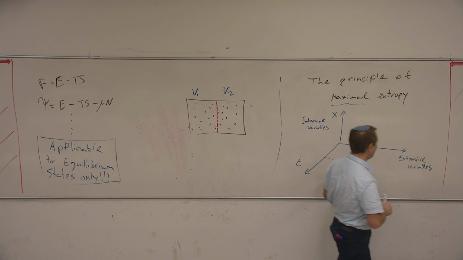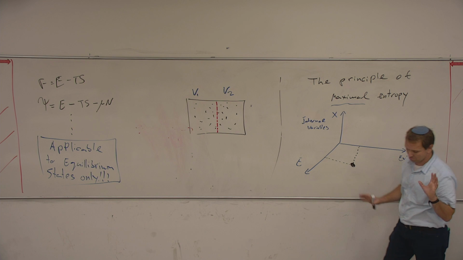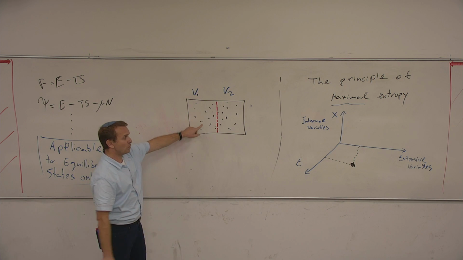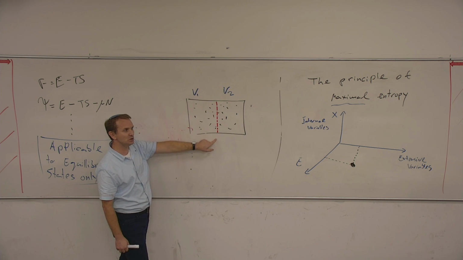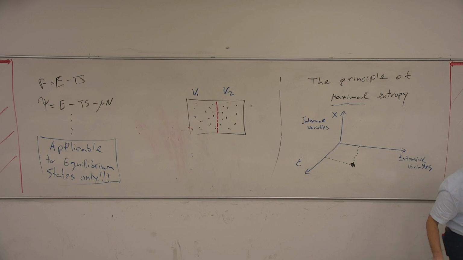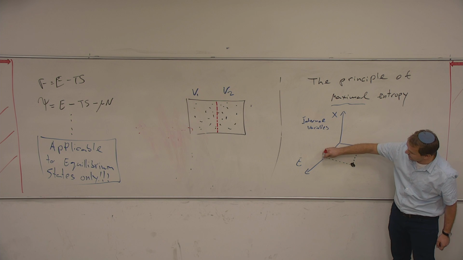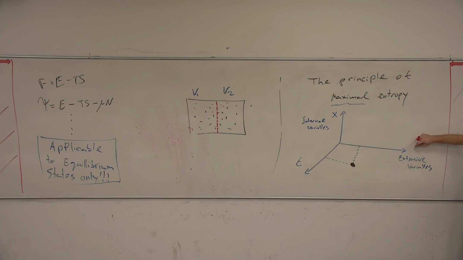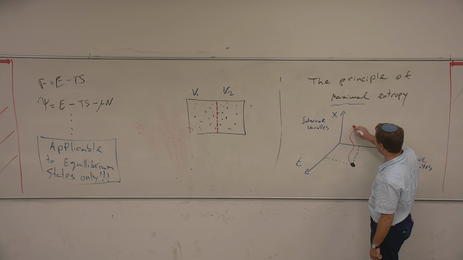It has a specific energy, specific values of extensive variables, and I have an equilibrium state, and nothing changes. Then I perform a modification of the internal variable: I'm building this wall, or there was a wall and I'm drilling holes inside it. When I have performed this, the intensive variables have changed, but I'm keeping my energy and my extensive variables constant. So somehow this state managed to transform into another state.